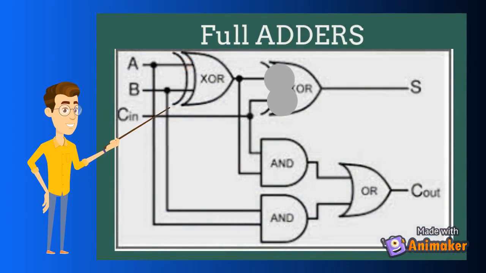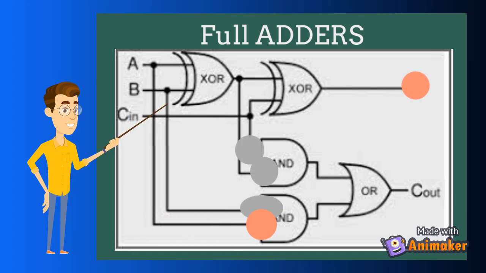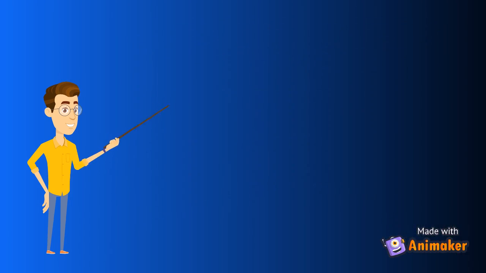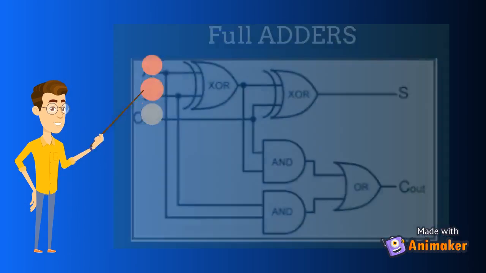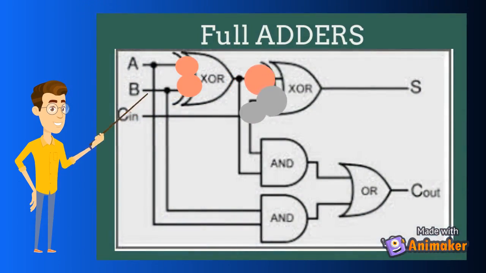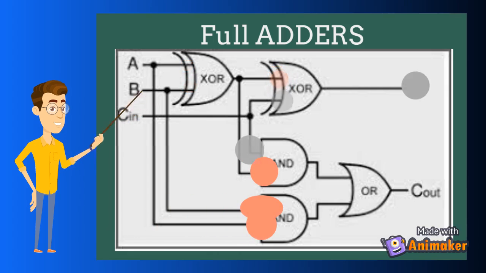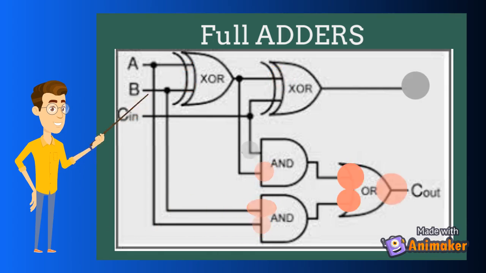In this case, first input is 0 and the rest are 1, giving sum equals 0 and carry of 1. In this case, only Cin is 1 and both the inputs are 0, giving sum equals 1 and carry of 0.